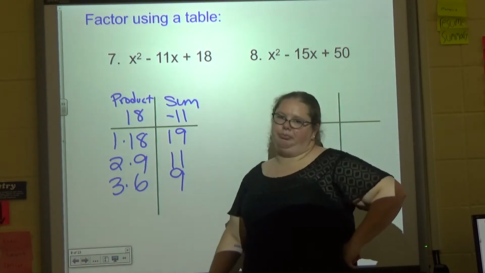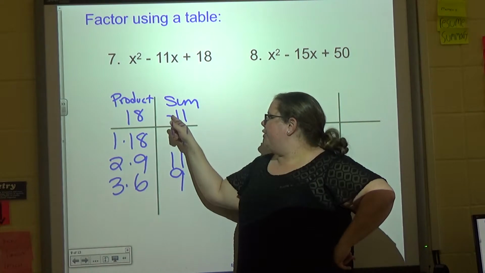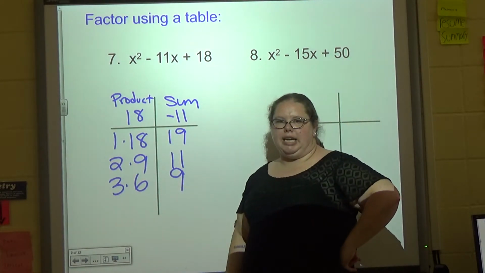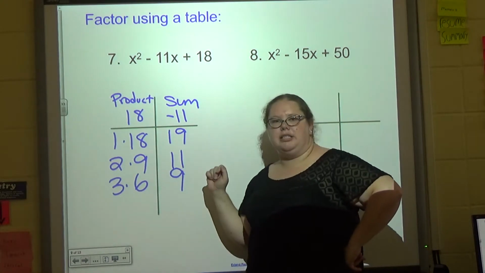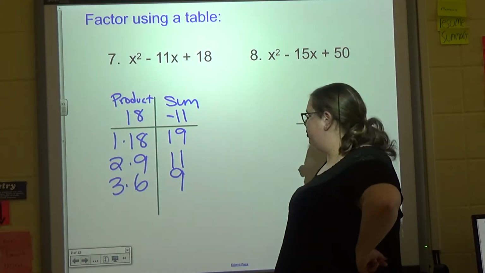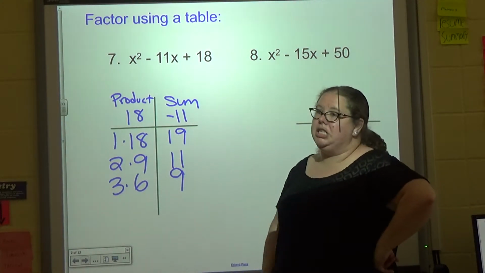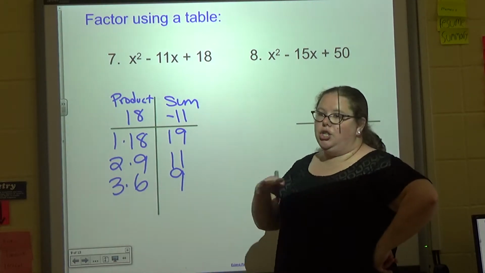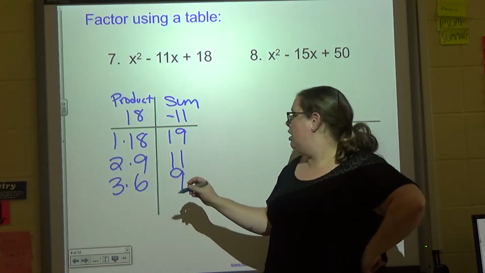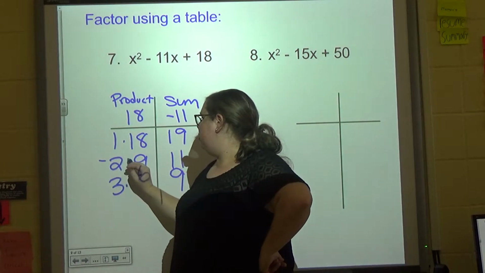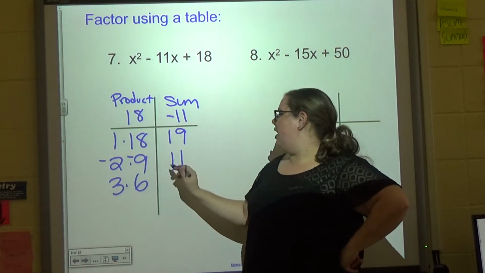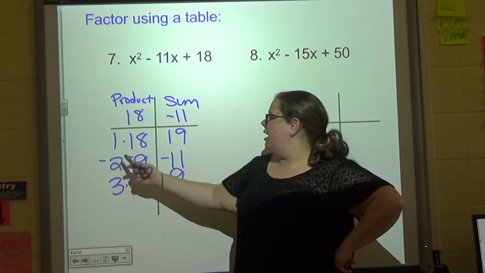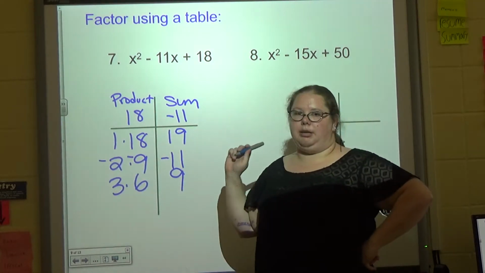Okay, now what's the problem? The problem is we're trying to add to a negative. Do you see a negative? No. So how can we turn this 11 to negative? My general rule is, when the sign is wrong, change the sign of everything. If I make this negative 2, negative 9, negative 2 plus negative 9 is negative 11, and a negative times a negative is a positive.